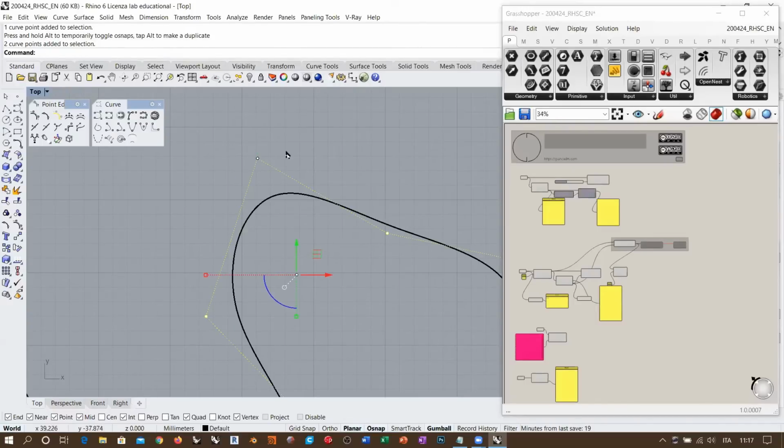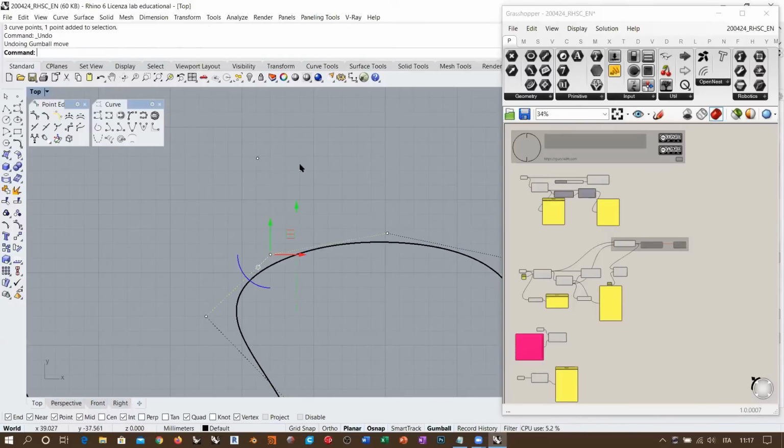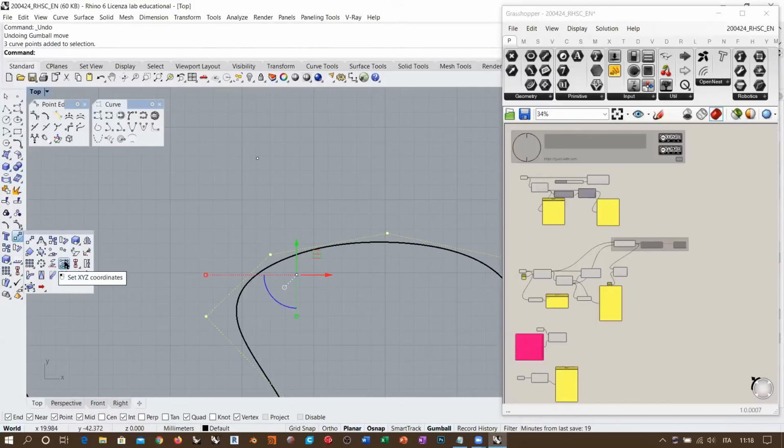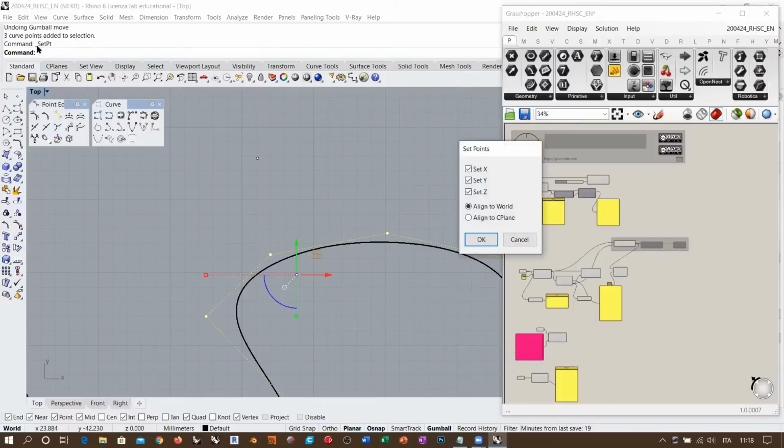So eventually, what you can do in order to speed up this process is take these 3 points here and use the set point command, which is this one, set XYZ coordinate. And, well, you can choose between aligning X and Y, whatever you feel more comfortable.